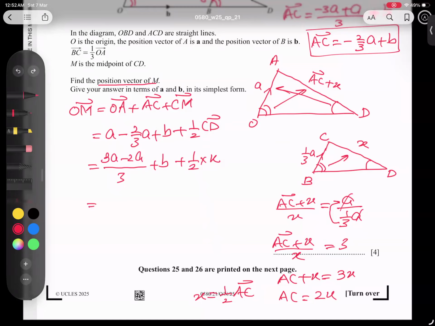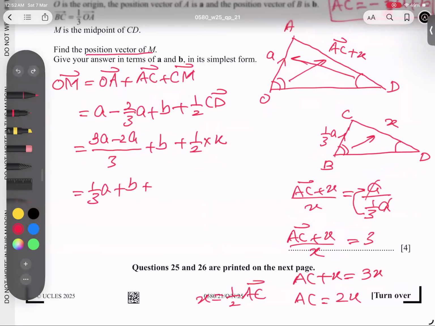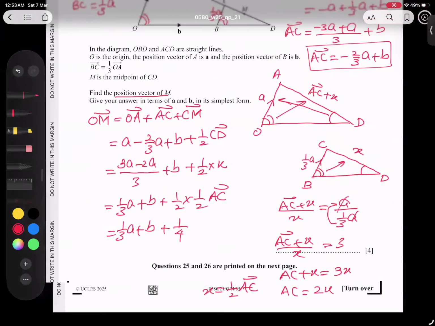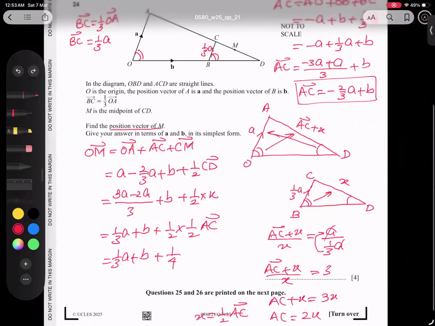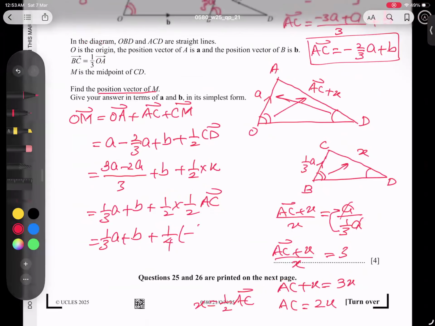Here I got a single A, 1 over 3a plus b. And here I'm replacing half. So 1 by 2 is already available, and 1 by 2 AC can come here in the place of X. So this becomes 1 over 3a plus b and 1 over 4 AC. What is AC, students? AC, we have this. I'm going to write it, in the bracket negative 2 over 3a plus b.